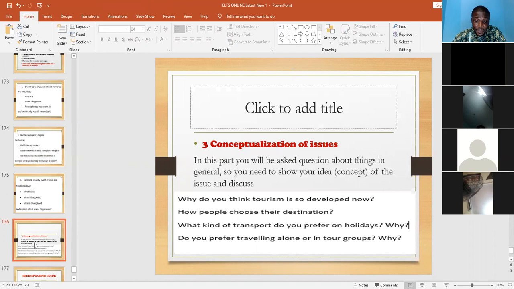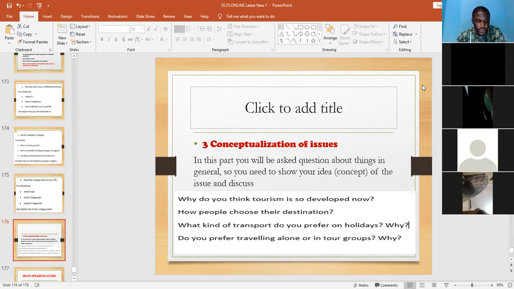Okay, the last part is what I call the conceptualization of idea. In this part, what normally happens is that there is often a follow-up question to the cue card question, to the section 2 that we just concluded.